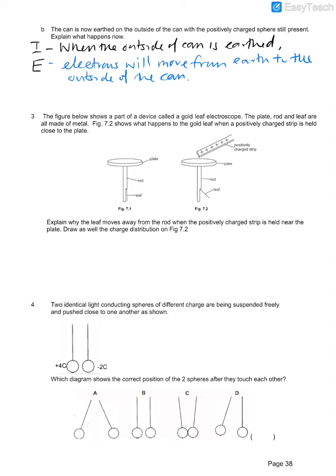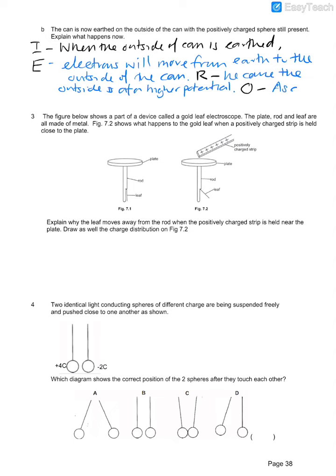R for reason. Because number 1 or number 2? Number 2. Number 2, because the outside of the can is at a higher potential. Okay. Then after that, O. Careful with your words.